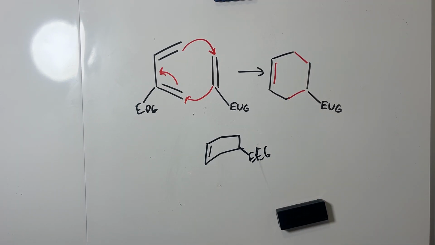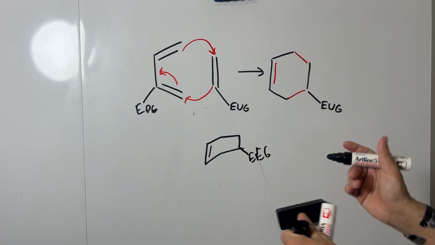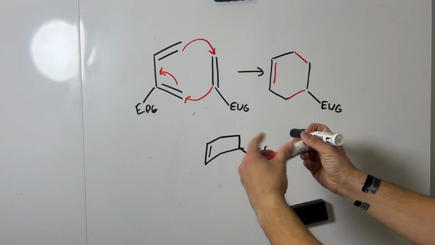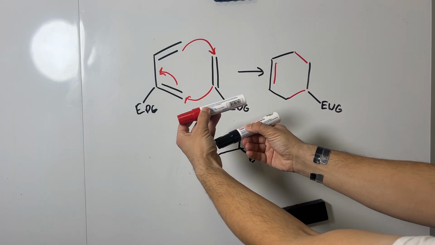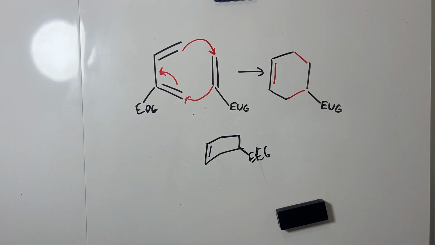And that is because of that orbital overlap. Because the red is our diene and the black is our dienophile, it had to position itself under that, so when they form that bond, it just pushes down.